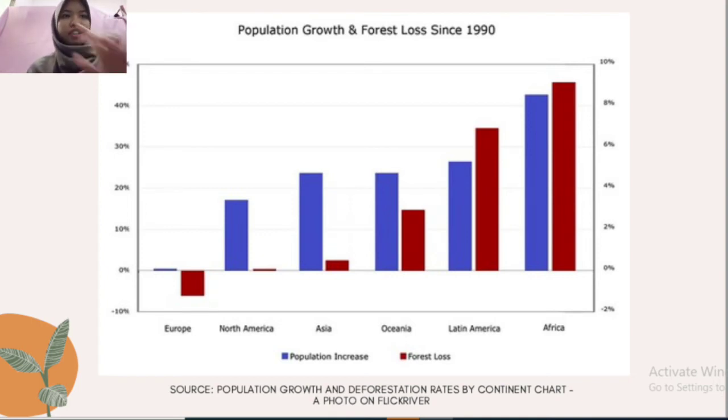Africa has been through a very high forest loss. Because of the forest loss, the forest cannot fully support the population growth. When this lengthens, it can become one of the problems in our environment. So that's all from me.